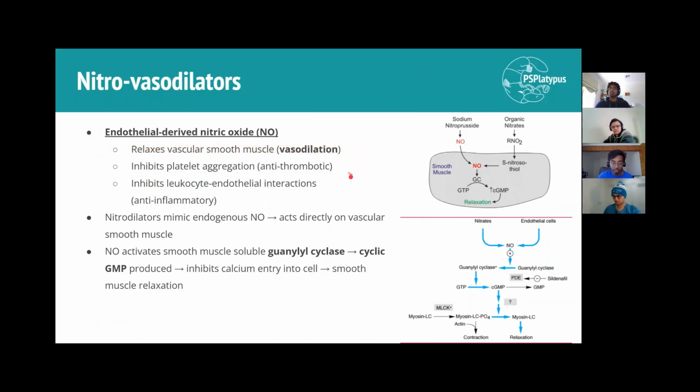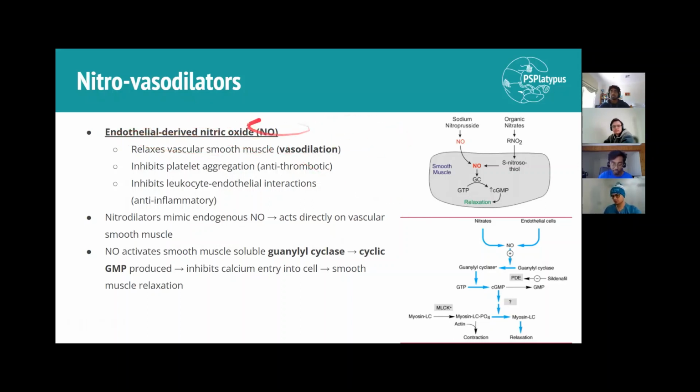It does a bunch of other stuff like platelet aggregation inhibition. It's antithrombotic and anti-inflammatory, but I just want you to pay attention to vasodilation. So by introducing nitrovasodilators, we can mimic this endogenous nitric oxide, and this will act directly on vascular smooth muscle. So pretty straightforward.